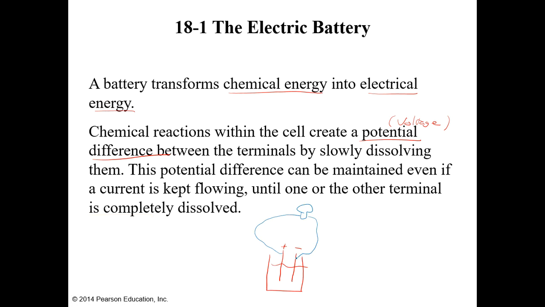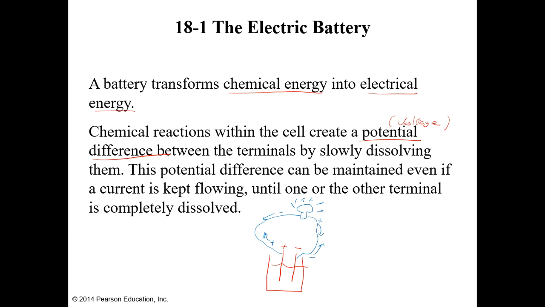there's a little light bulb, then electric forces are going to push positive charges along this way and negative charges the other way. And thus you have an electric current, and as a result, your light bulb is going to start to shine, light up.